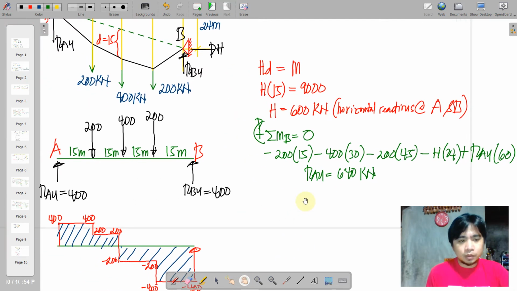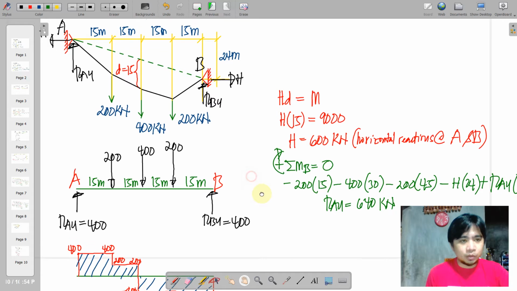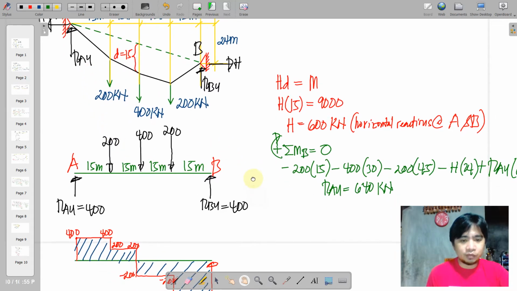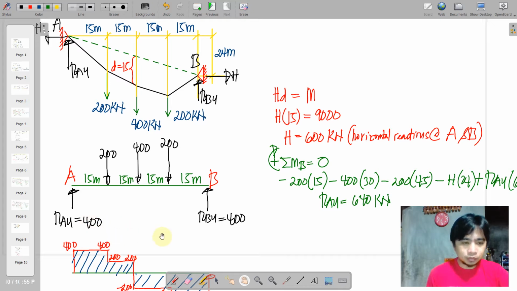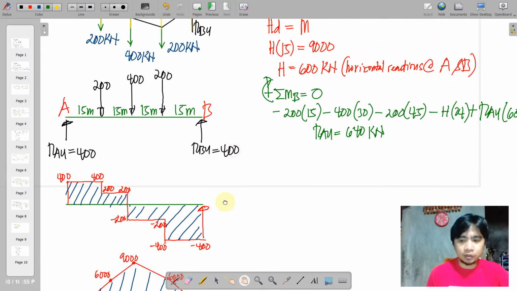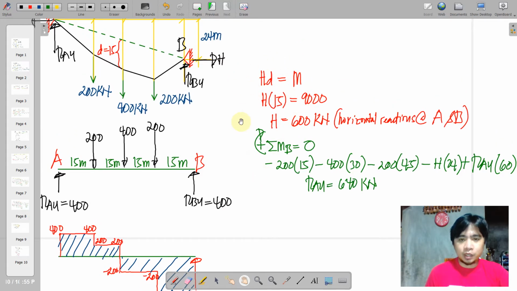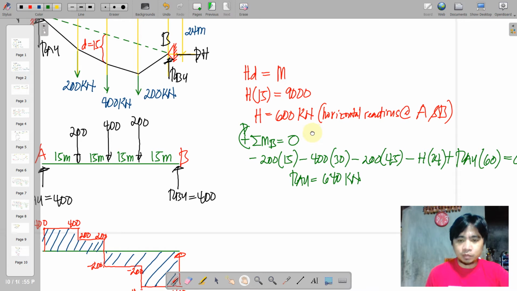So note that this is now the real value of RAY, because a while ago RAY was only a fictitious value just to apply the relationship between H, D, and the maximum moment.